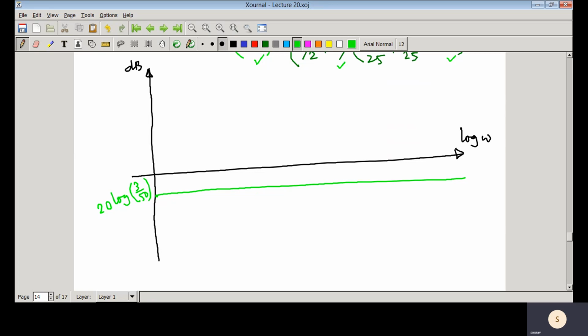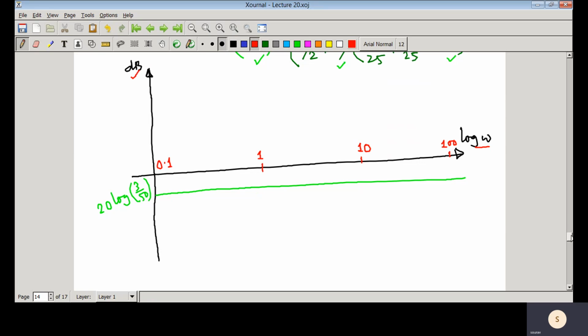So this is that value, and the frequencies are 1, this is 10, this is 100. Mind that we are now plotting in the omega scale, not in normalized or scaling form, and here it is in dB.